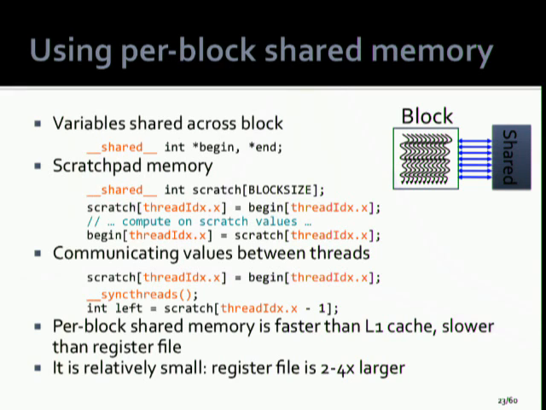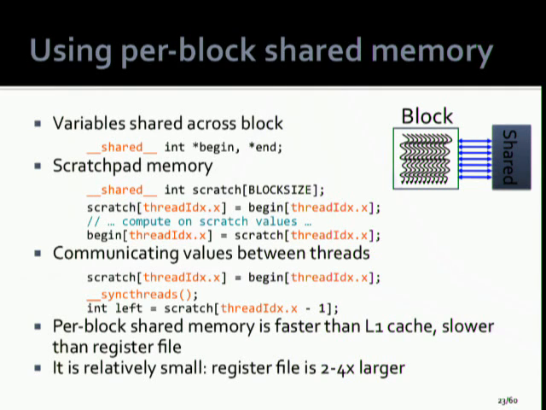So one of the most common idioms for using shared memory is to communicate between threads. This is a really simple example where every thread has loaded some data and put it into scratch based on its thread index, and then we synchronize so that all of the data is populated in shared memory.